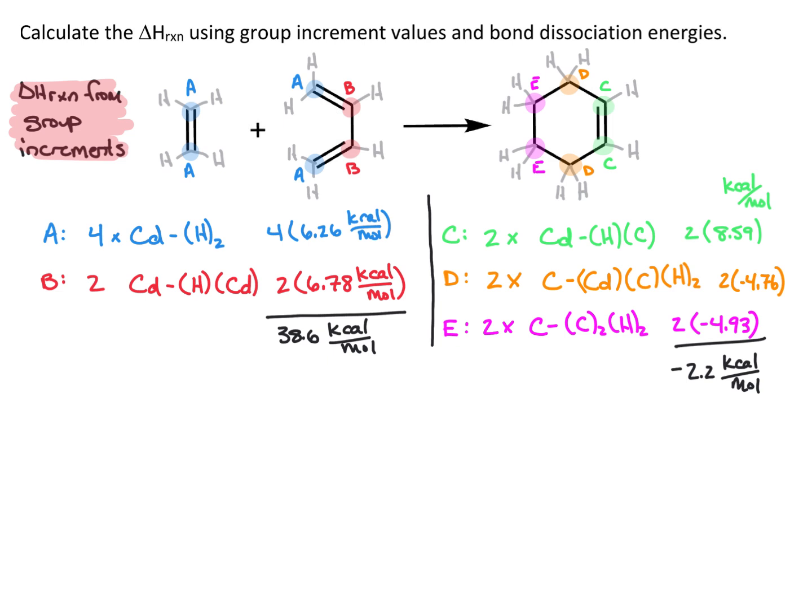So if we compare, our product has a negative heat of formation. Our reactants have a positive heat of formation, so the product is more stable. Now, we can calculate the delta H for the reaction by taking the heat of formation of the products minus the reactants.